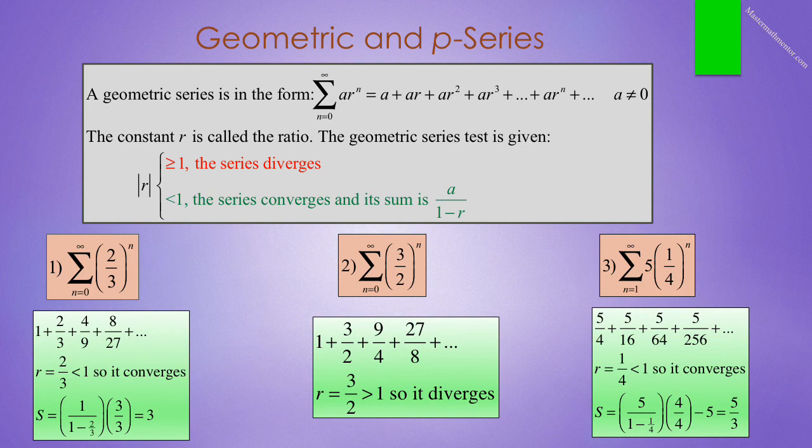So our sum is 5 over 1 minus 1/4, minus 5. To deal with the complex fraction, we will multiply by 4 over 4 and get 20 over 4 minus 1, which is 20 over 3, minus 5, which is 5/3.